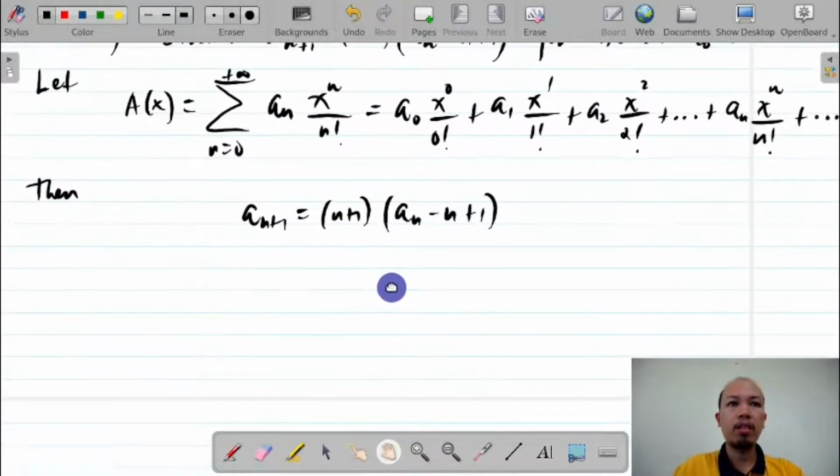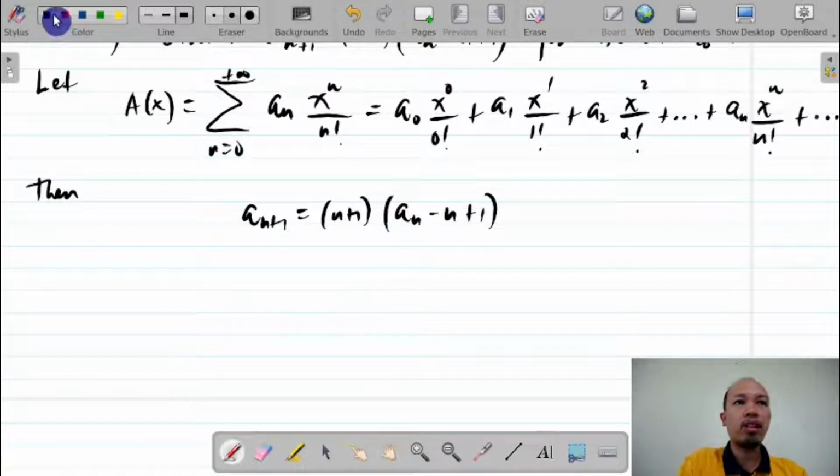Okay, it depends upon the situation. So first, let's simplify this first. A sub n plus 1 is equal to, this is the recursive formula.